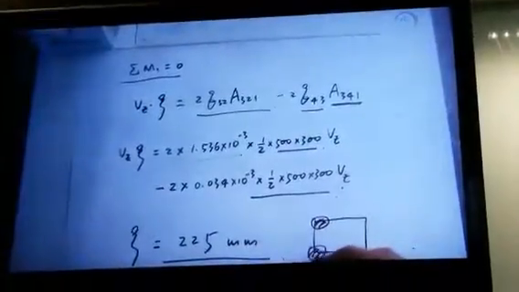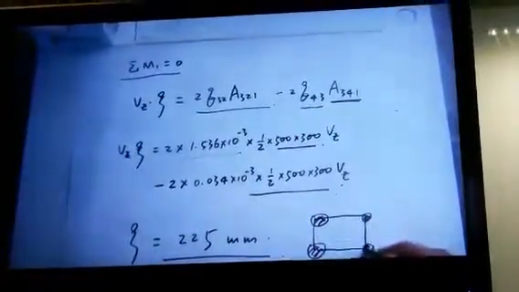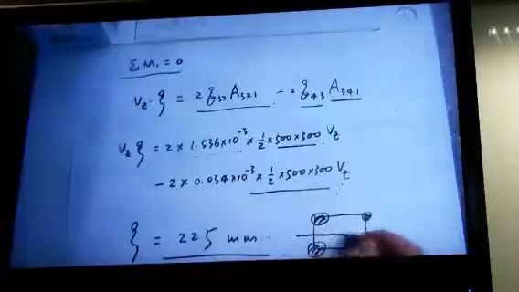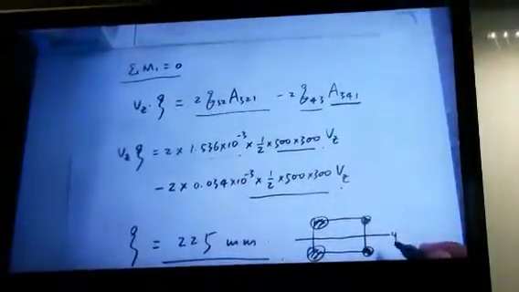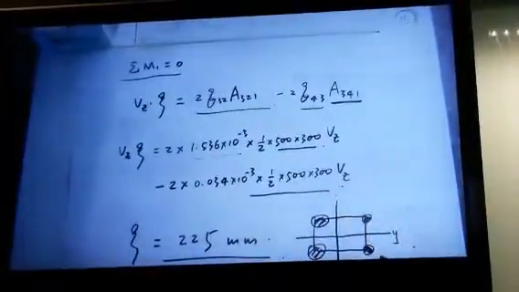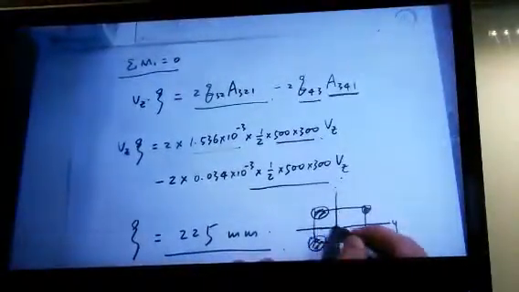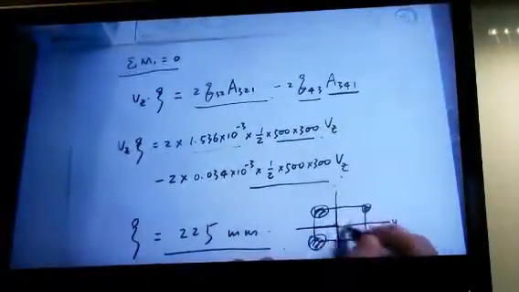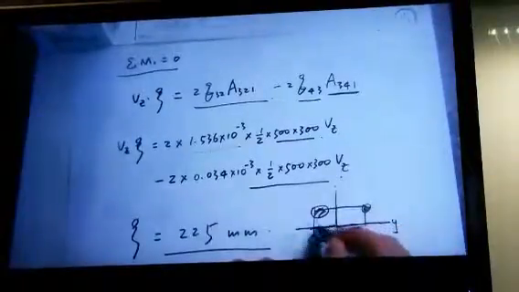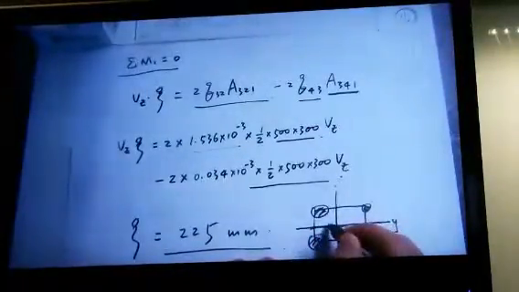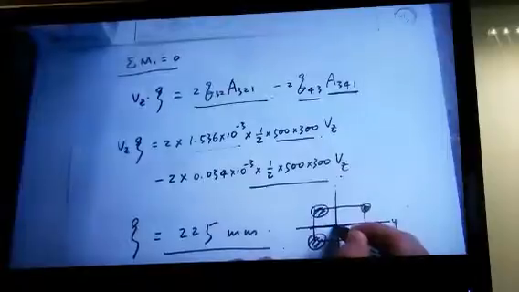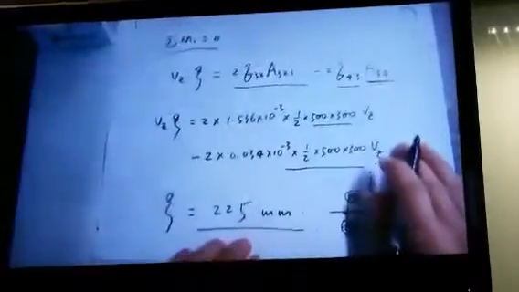These two areas are larger, right? These two areas are smaller. But it's symmetric about this axis. It's not symmetric about this axis. So what we are trying to locate is the distance from here to here. It must be along this line, but we don't know which point it should be. And this C will tell you which point it should be. Okay. This is the meaning of the shear center.